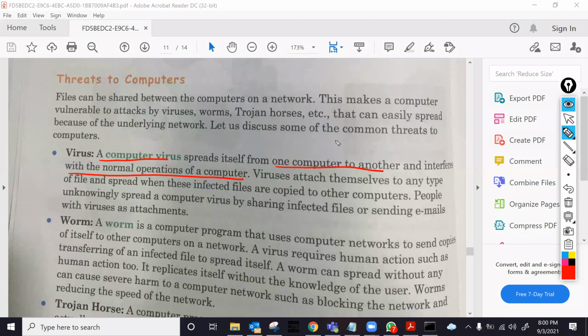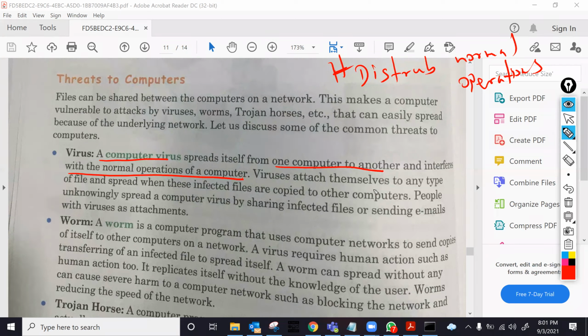That means if the virus infects the computer, it will disturb the normal operation.